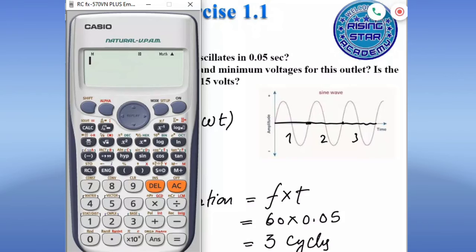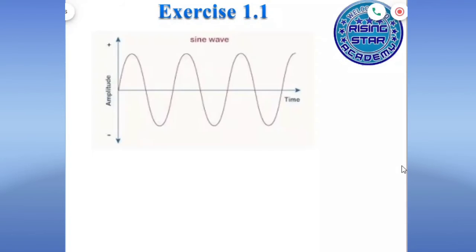Okay, so now move to the next part. Before starting part B, I want to tell you something. For the sine wave, remember one thing: the maximum value of the range would be +1 and the minimum value should be -1 if we are going to find the range of y equals sine x.